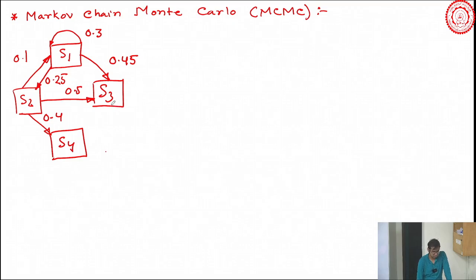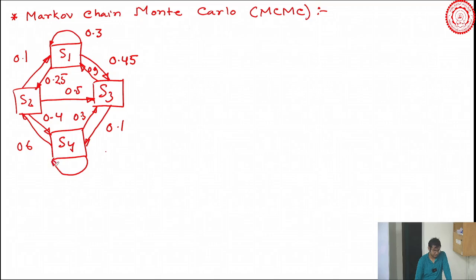S3 to S4 is 0.1, S3 to S1 is 0.9, and there is nothing else. S4 to S2 is 0.6, S4 to S3 is 0.3, and S4 to S4 is, let's say, 0.1.